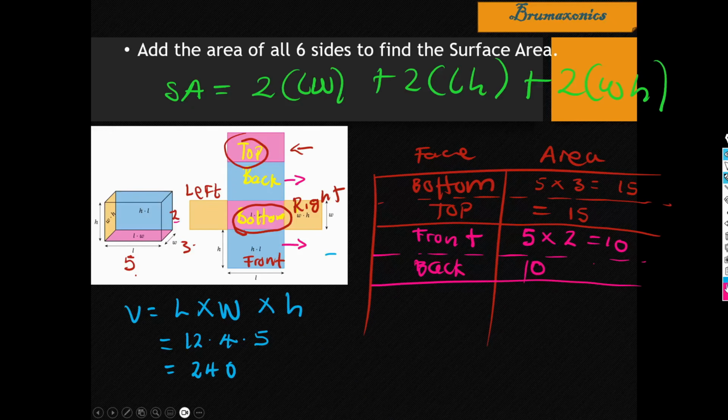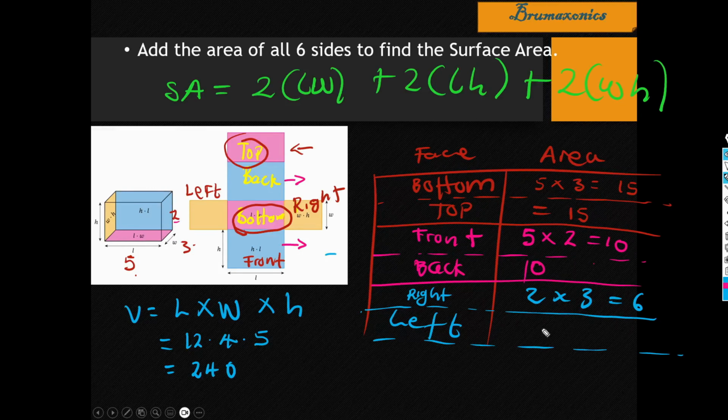Another one will be the right side, and we can also consider the left side, but let's start with the right side. The right side will be 2 times 3, which is equal to 6, meaning that even the left side will be 6, right?